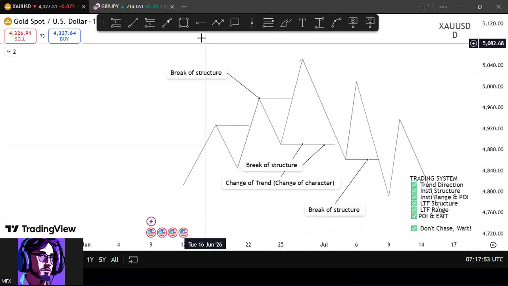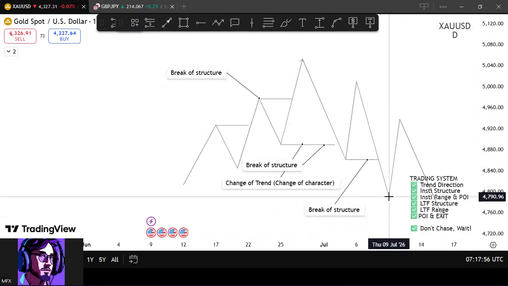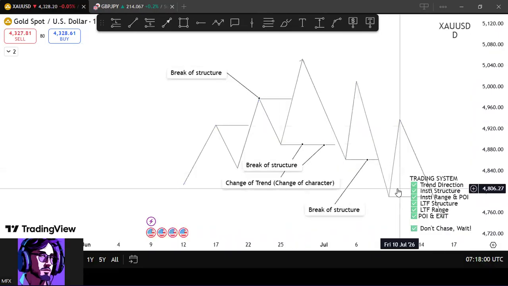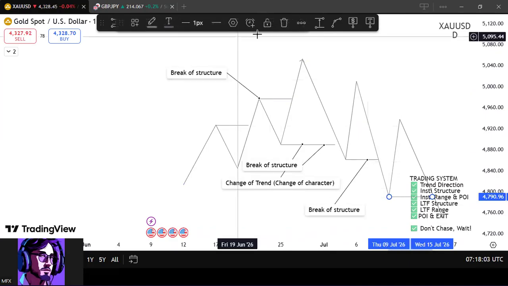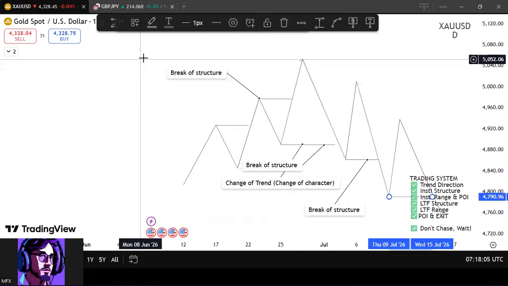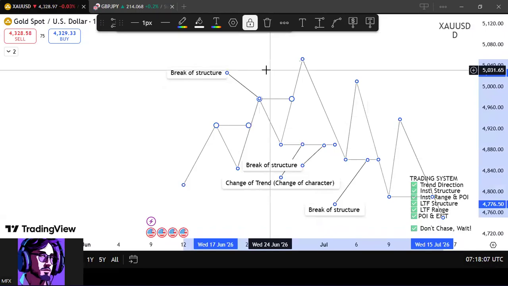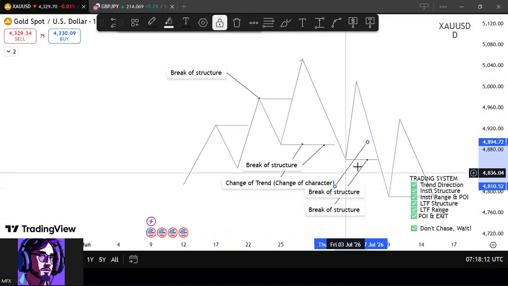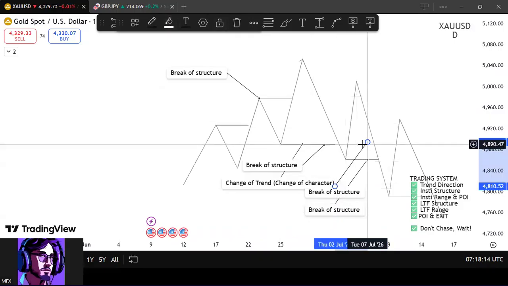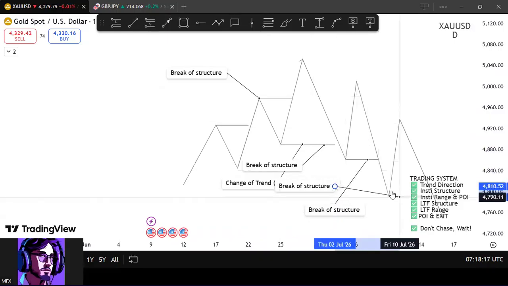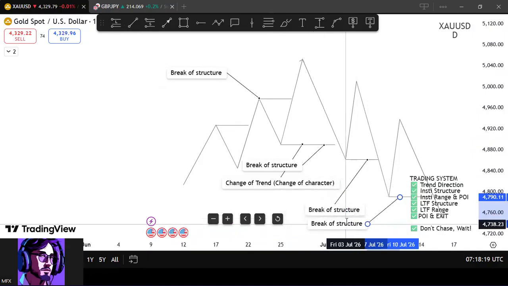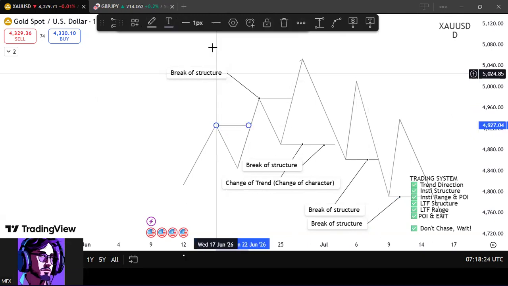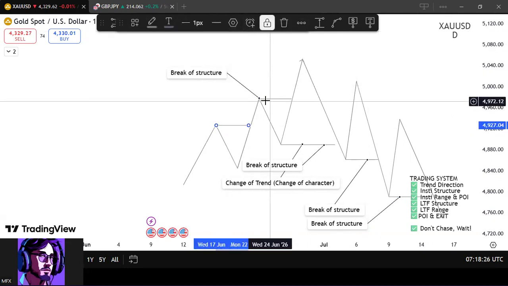Same thing applies to here. Same thing applies to here. Here it's down. So these are break of structure. It happens often.